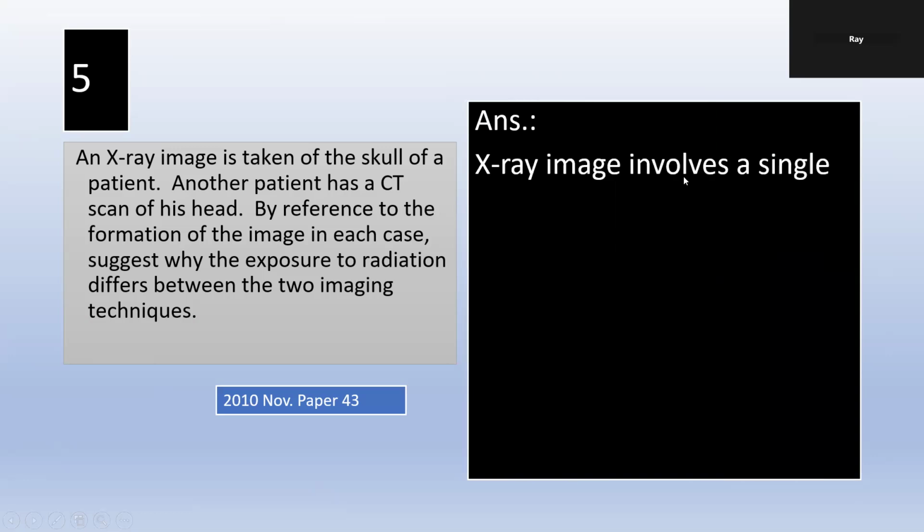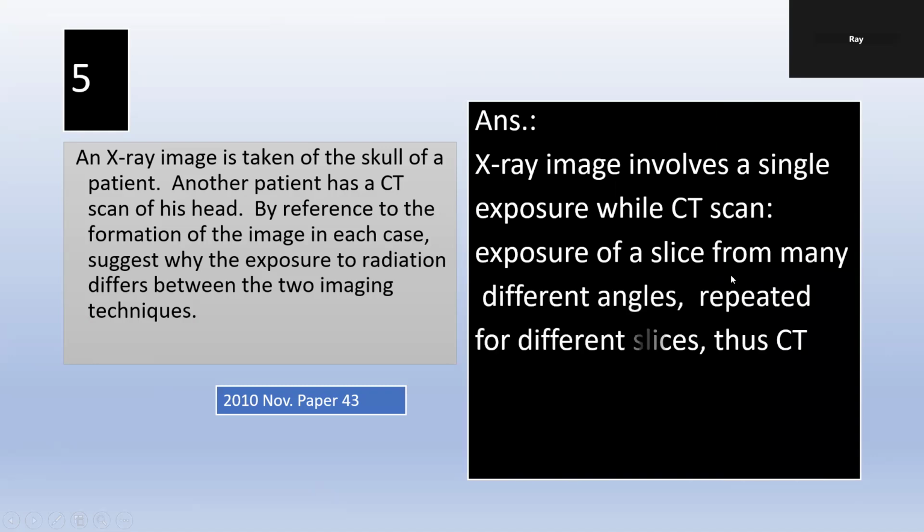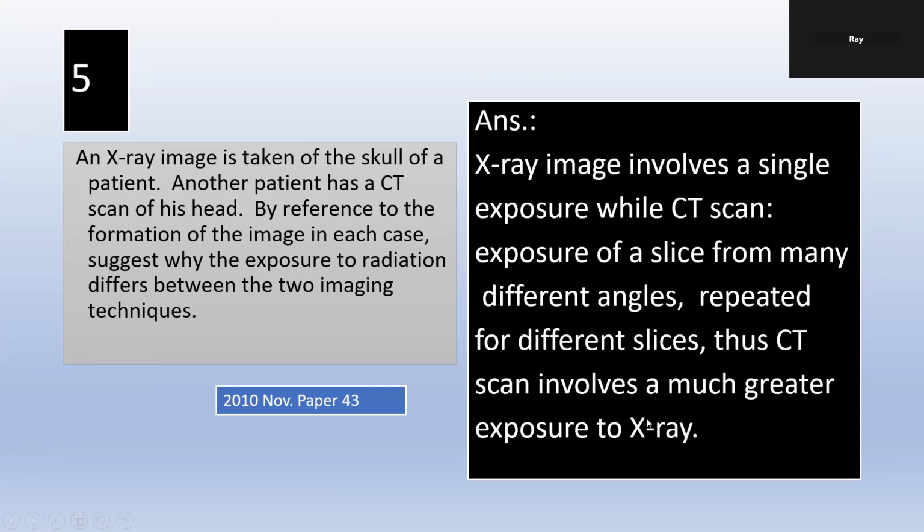X-ray image involves a single exposure, while CT scan exposes a slice from many different angles, repeated for different slices. Each slice at a different angle, you repeat the same procedure with different slices. That CT scan involves much greater exposure to X-ray, right?